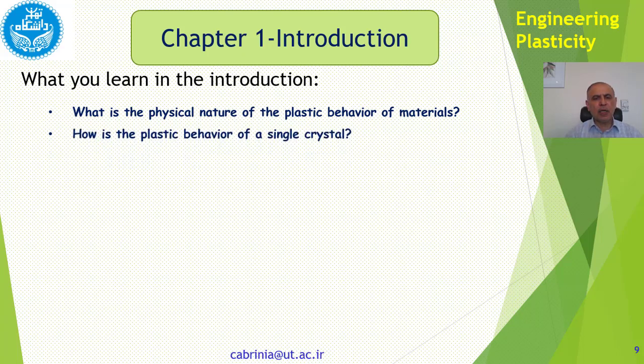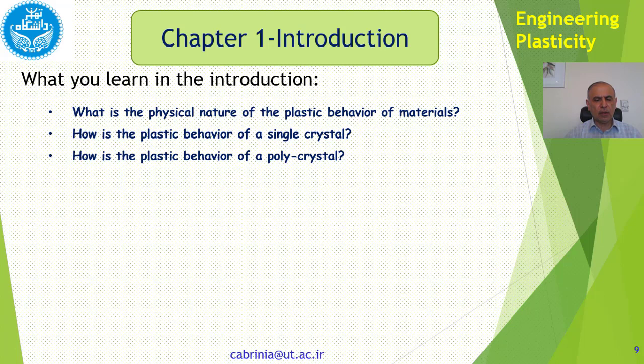How is the plastic behavior of a single crystal? We want to consider a single crystalline metal and see how it is deformed plastically. How is the plastic behavior of a polycrystal? After understanding the plastic behavior of a single crystal material, we move to polycrystalline metals.